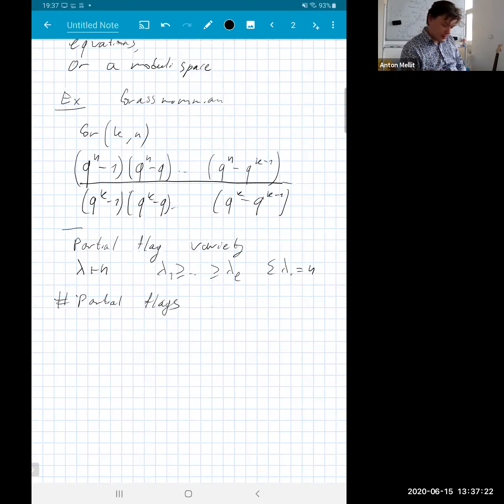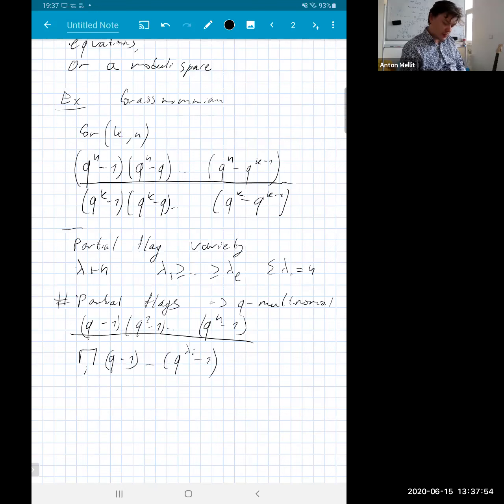So you get a q-multinomial. You can do cancellations. So let's start like this, q squared minus 1, q to the n minus 1, rising q powers. And here you will have a product over i of things like this.